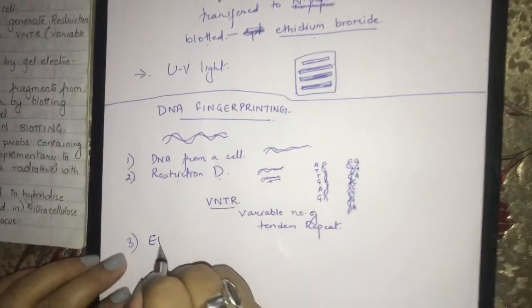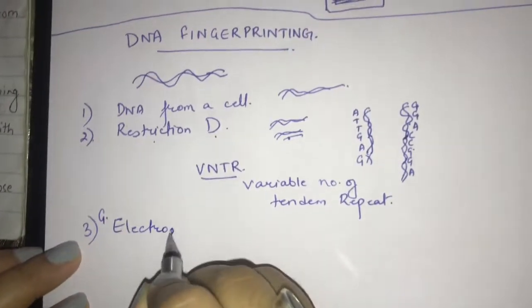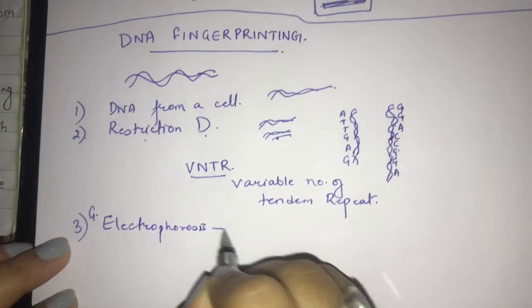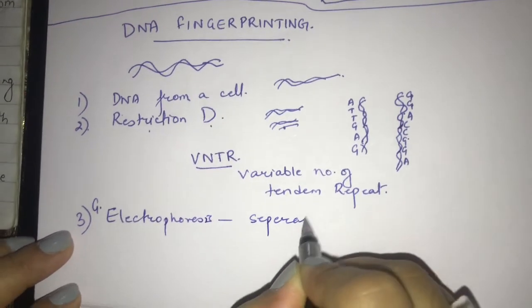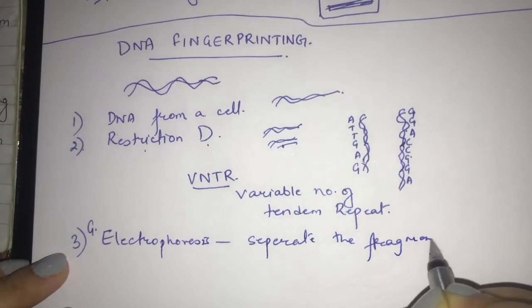So, the third process is gel electrophoresis in order to separate the fragments.